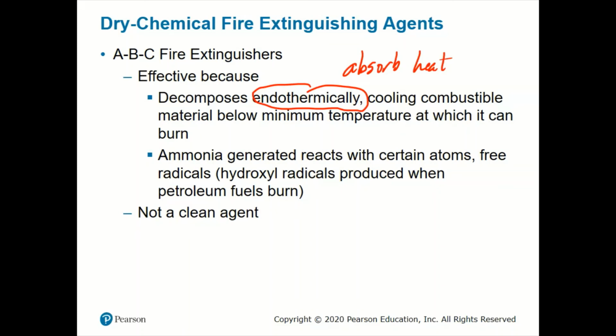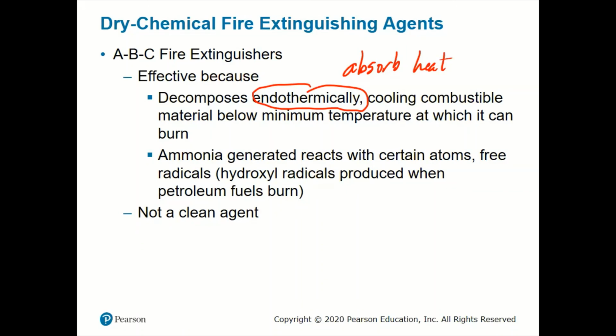The idea is that free radicals are necessary to generate the chain reaction to keep the fire going. Well, if we have an alternative source of free radicals other than the combustible material, that will stop the propagation of that chain reaction. We're introducing something that is not flammable to react with the flammable stuff, which will make the flammable stuff non-flammable at the same time.